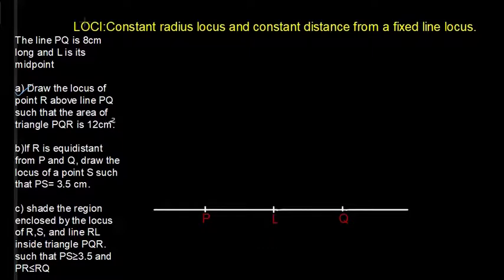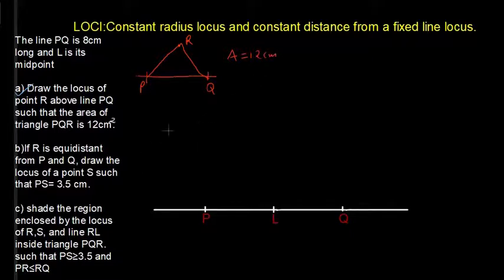So first of all, I want us to get this. We have triangle PQR, P, Q, and R must be somewhere at the top there. So that we have triangle PQR, and we are told that this triangle has an area of 12 square centimeters.